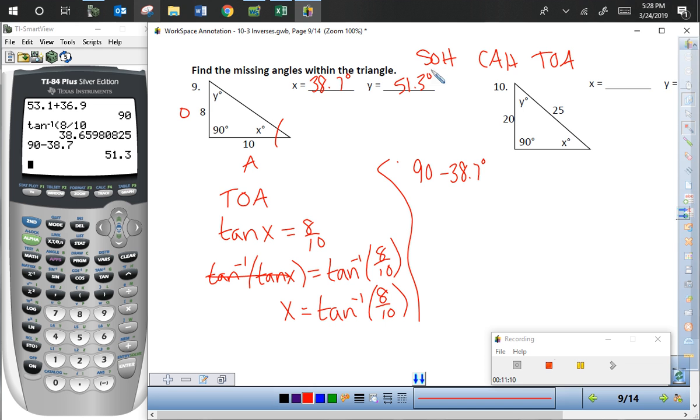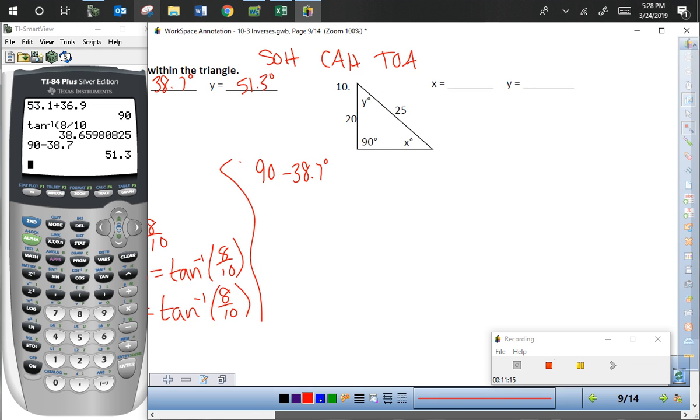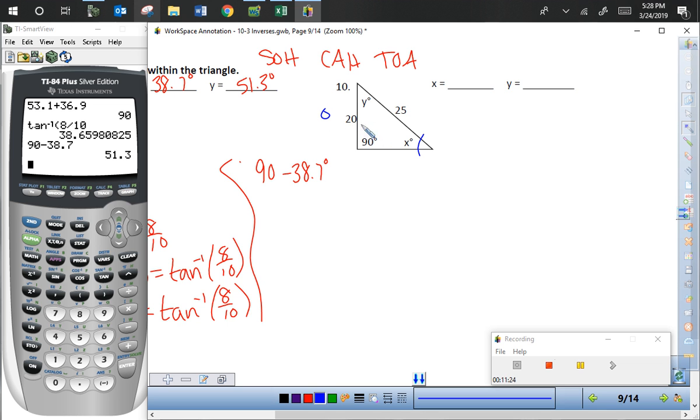All right, let's try another one. Over here, again, first thing we do is mark the angle x, and then mark the sides that are labeled for us. We've got the opposite, which is 20 across, and then 25 is across from our 90 degrees, so that makes it the hypotenuse. Okay, we have O and H, that goes with the SOH, which means sine is our trig function. Okay, sine of our angle, which is x, equals, our ratio goes opposite over hypotenuse, so 20 over 25. And then we have to get rid of this sine by using the inverse sine on both sides.